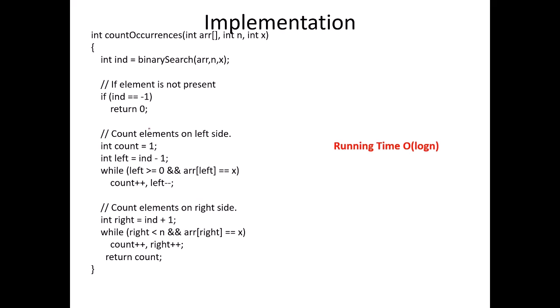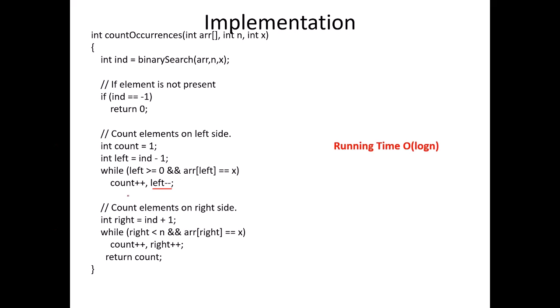If it is not equal to -1, count the elements on the left side by setting count equal to 1 and left equal to index minus 1. Use a while loop: while left is greater than or equal to 0 and array of left equals x, increment the counter and decrement the left pointer.